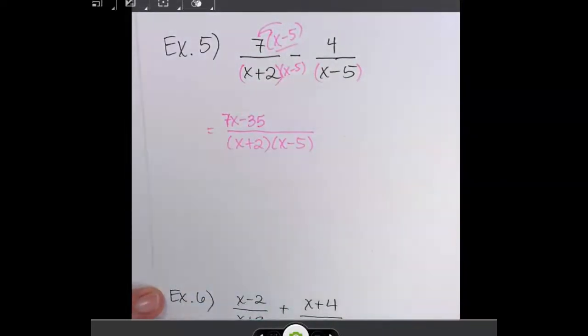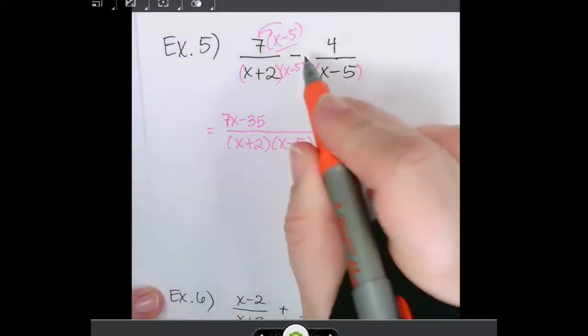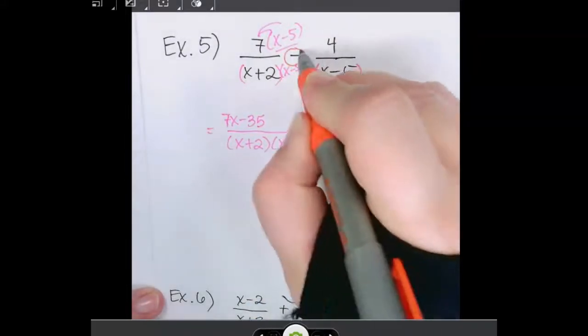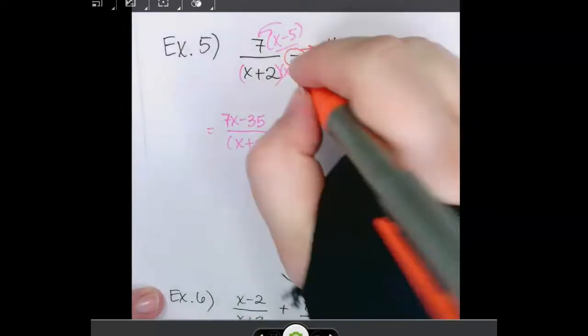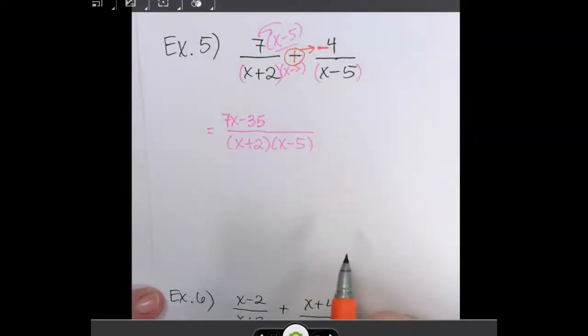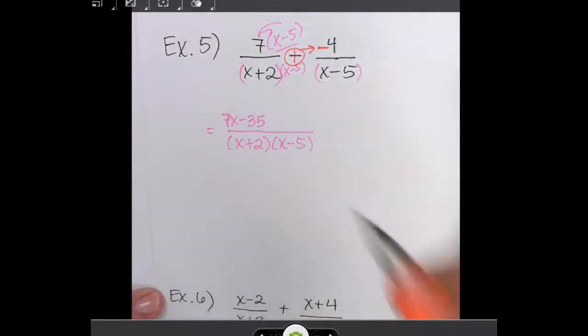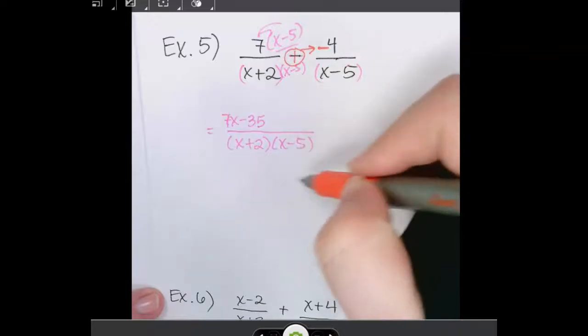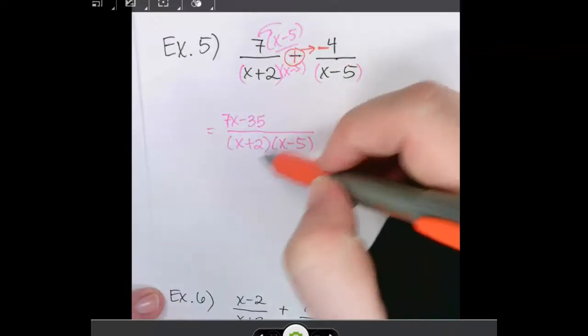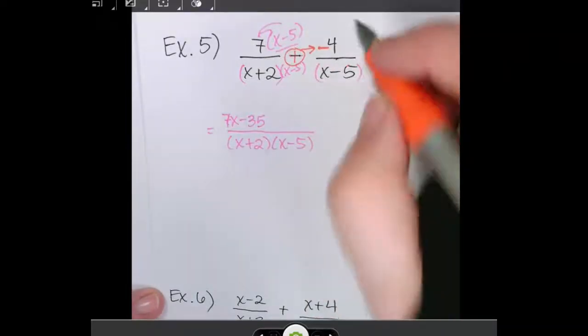And then for my second fraction here, notice I'm subtracting. So remember, a good way to do that would be to move that negative onto the numerator, that second numerator, and then now consider this addition. Adding a negative is the same as subtraction. And then this second fraction has the x minus 5 portion of the denominator, but it does not have the x plus 2 factor of the denominator.